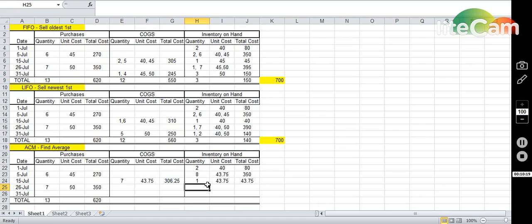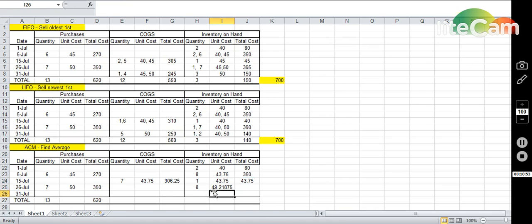So now I need to add that to my 1. So now I have 8 again. But my unit cost is going to change. So I did have 1 for 43.75, and now I have 7 for 350. Okay. So when I add up my costs, I have the 43.75 plus the 350. So I'm taking total cost of all the units divided by the number of units to find the average.